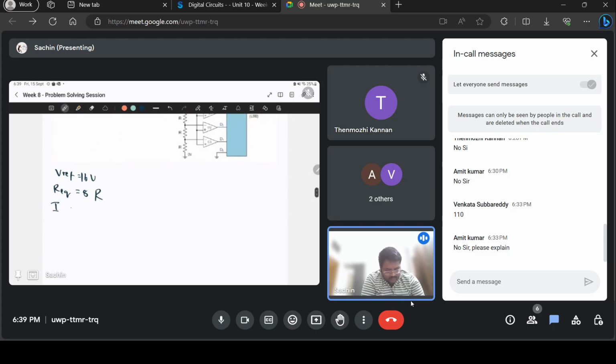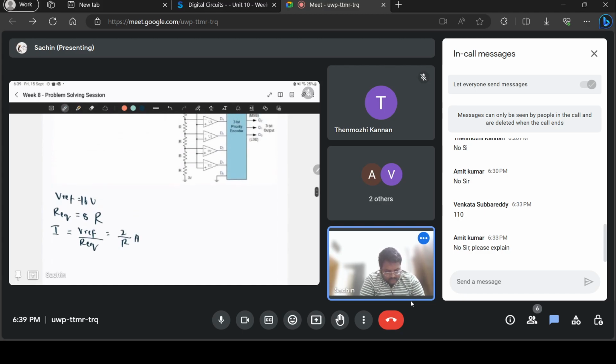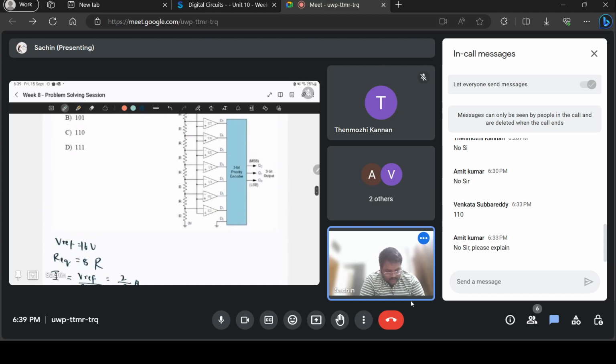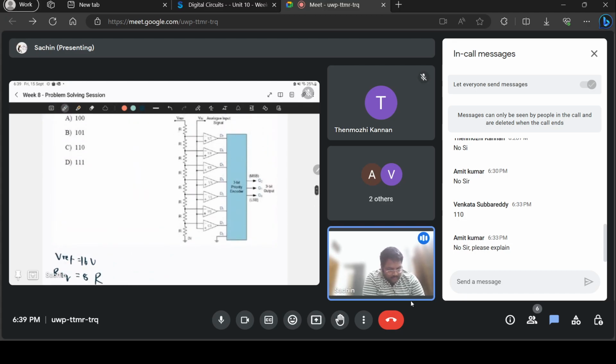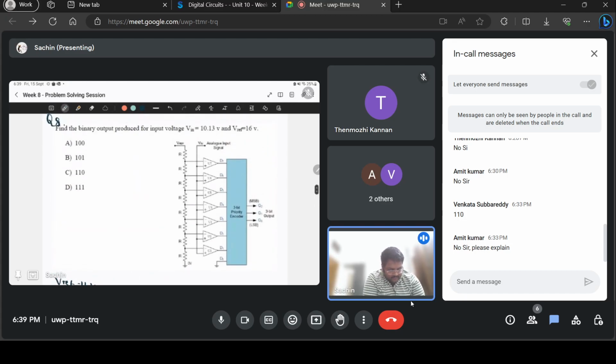So the current will be Vref by R equivalent, which will be 2 by R amperes. So the voltage drop across the resistor VR is I into the resistance value. So it's 2 by R into R. So it's 2 volts. That means 2 volts drop across each of these resistors.